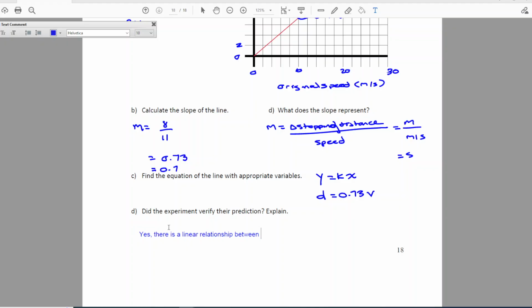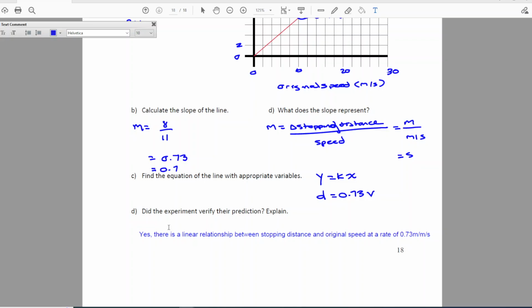between stopping distance and original speed at a rate of, and this is where you could put 0.73 meters per meter per second of speed.